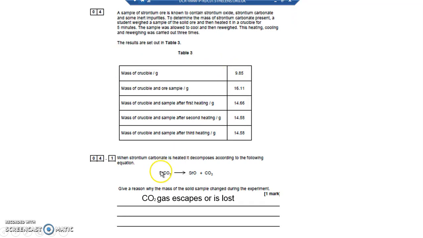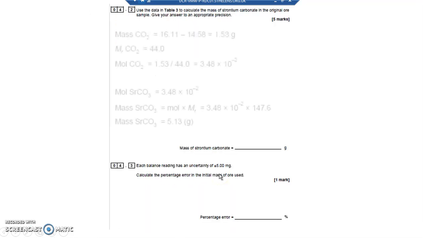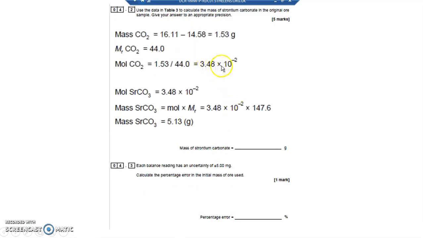Now in this equation, 1 mole of strontium carbonate makes 1 mole of strontium oxide and 1 mole of carbon dioxide. So 1 mole of strontium carbonate makes 1 mole of carbon dioxide in equal amounts. But I haven't got 1 mole of carbon dioxide made, I've got 3.48 times 10 to the minus 2 moles made. Therefore I must have 3.48 times 10 to the minus 2 moles of strontium carbonate.